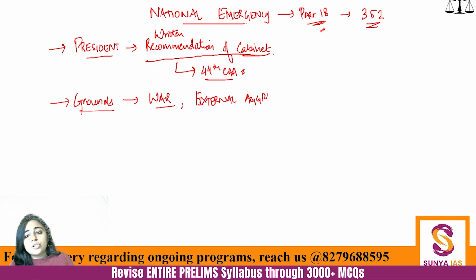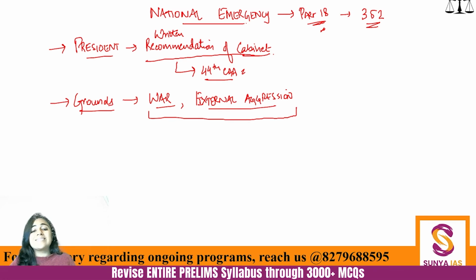If these two are the basis, then the emergency is called external emergency. War or external aggression is called external emergency. Very obvious. These kinds of obvious statements also sometimes come and confuse you.